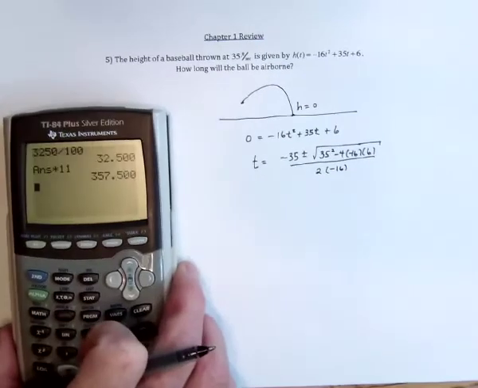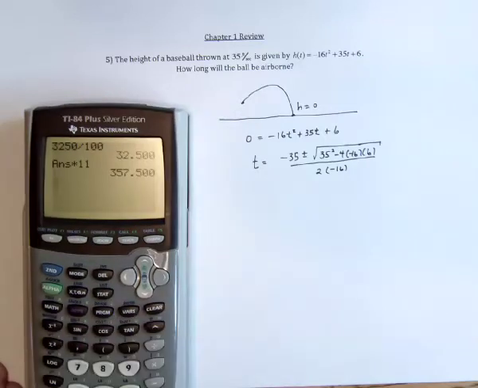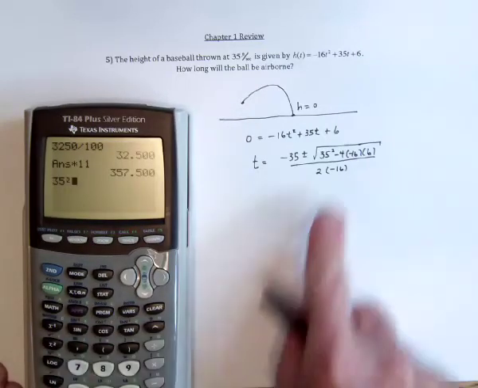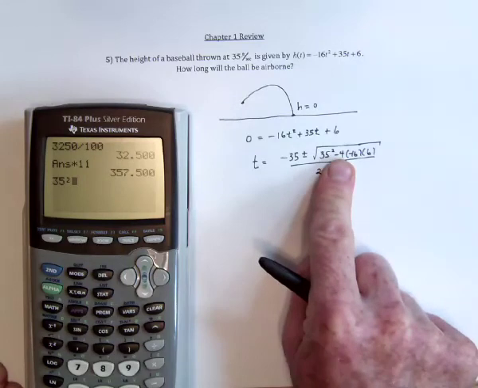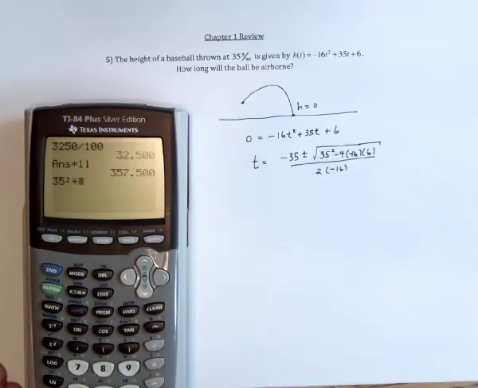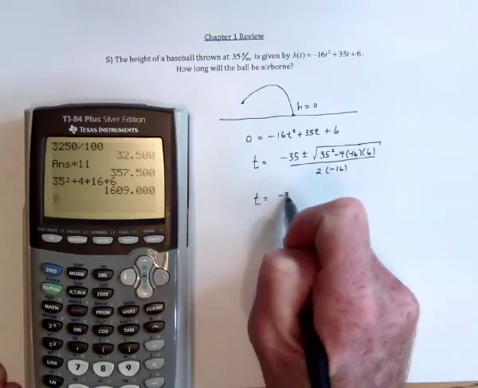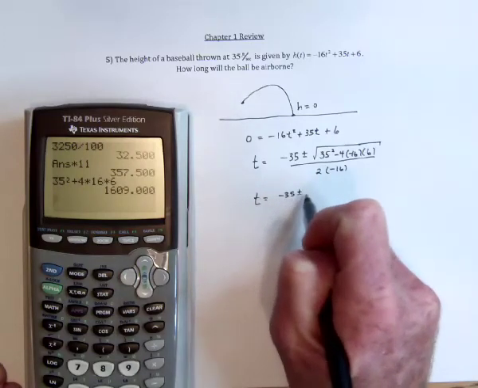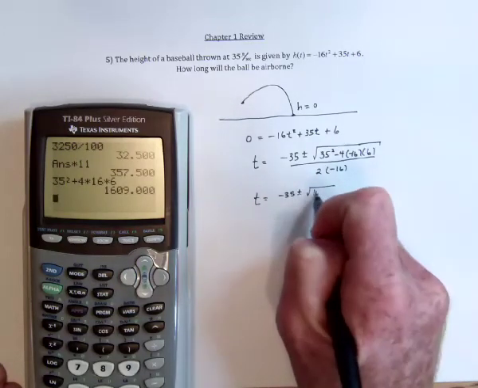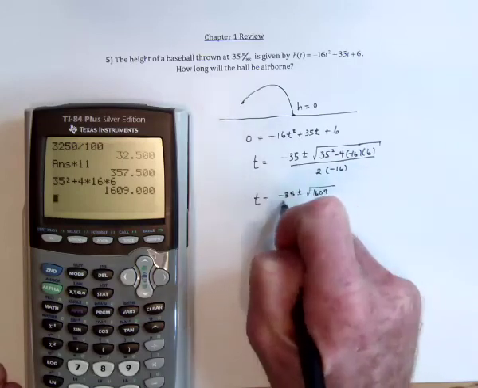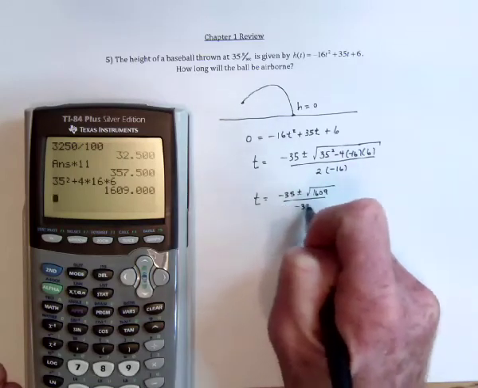So inside the radical there's 35 squared, and then 2 negatives make a positive, so plus 4 times 16 times 6. So t is equal to negative 35 plus or minus the square root of 1609 divided by negative 32.